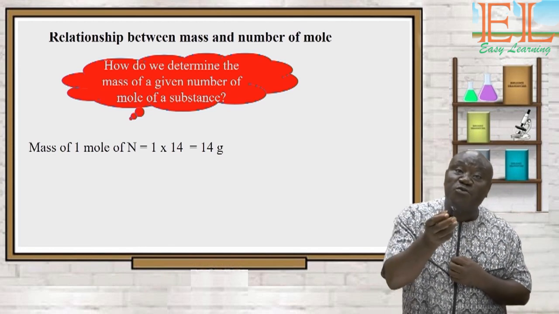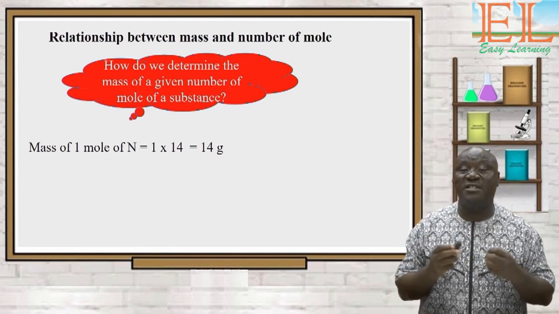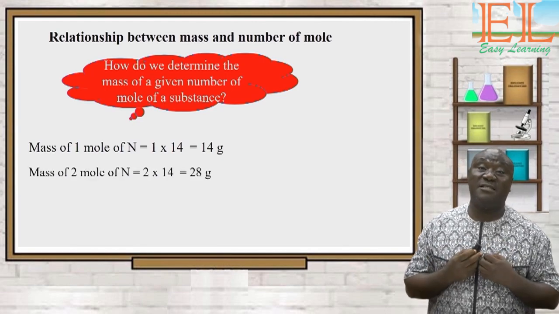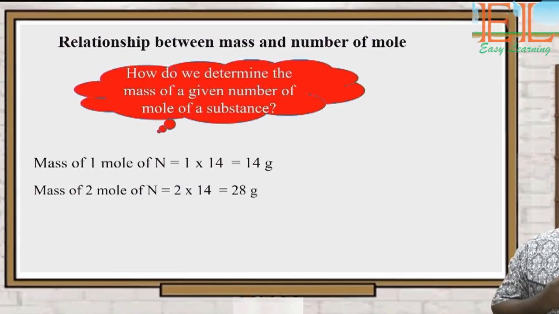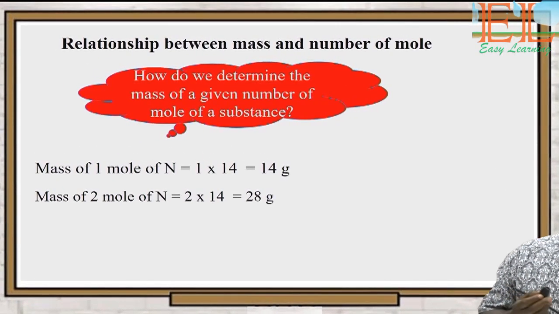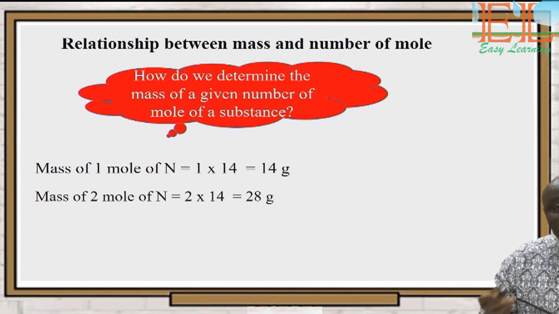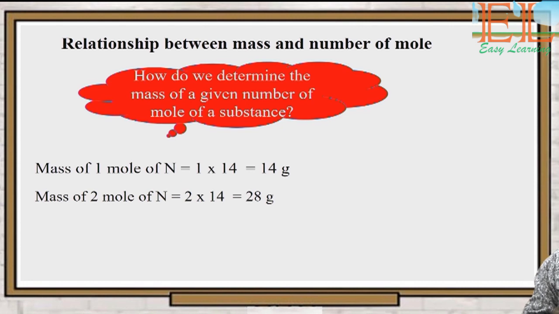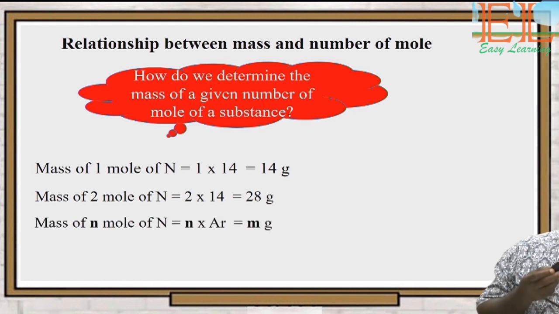Correspondingly, if I give you 2 moles of nitrogen, how will you determine the mass? As usual, this is done by multiplying 2 by the relative atomic mass of nitrogen, which is 14. And that will give us what? 28 grams. Similarly, if I have n moles of a substance, how will I determine its mass?